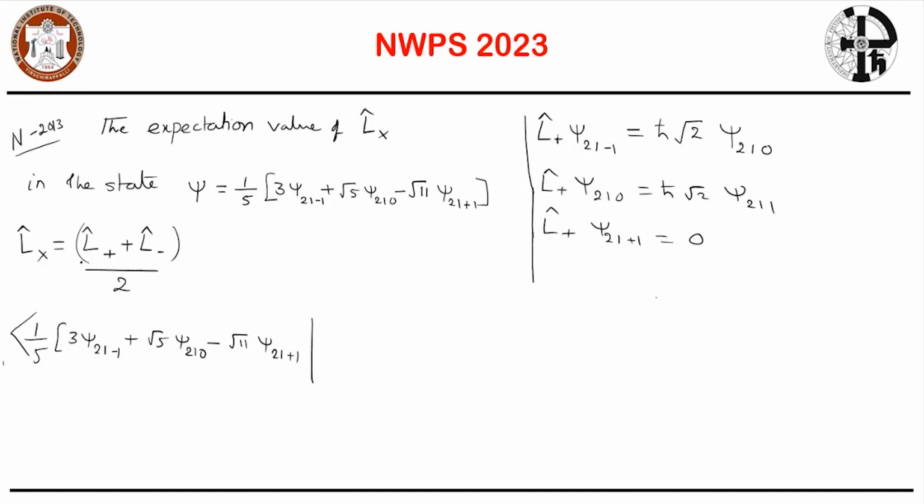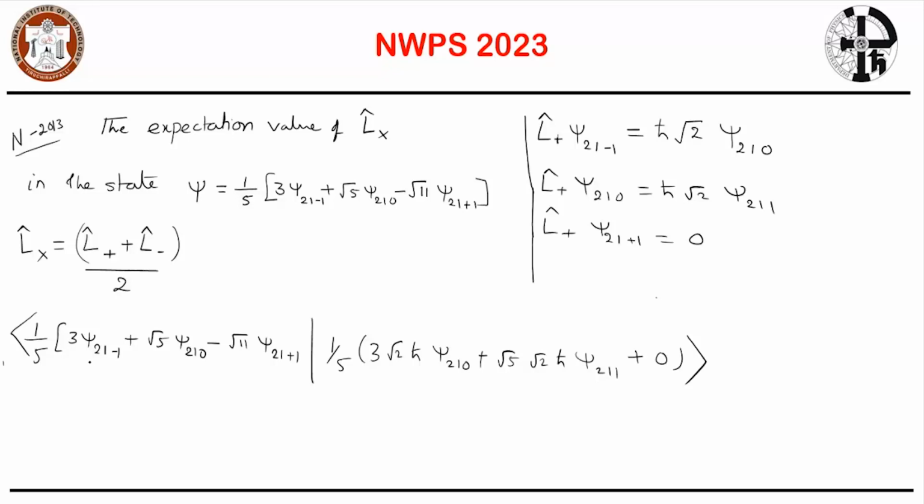On the other side, when I apply L plus to the entire thing, again I have 1 over 5. 3 psi 2, 1, minus 1 became root 2 h cross psi 2, 1, 0, and psi 2, 1, 0 became root 5 root 2 h cross psi 2, 1, 1, plus 0. This is what I have.